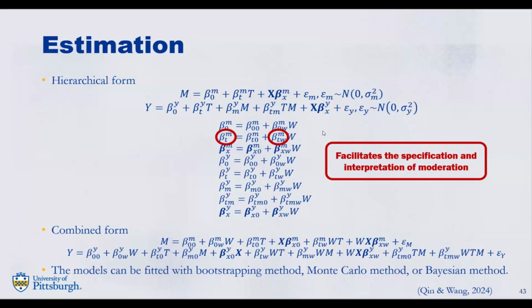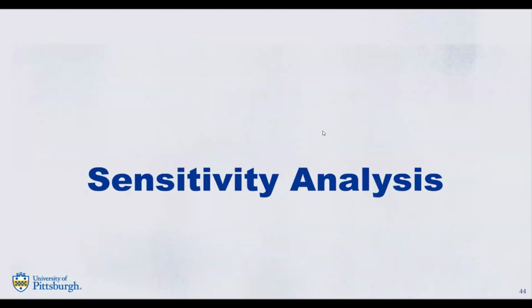It's incorrect to omit them from the mediator and outcome models. Additionally, it's extremely important to conduct a sensitivity analysis in your analysis. So I want to step on to the next section, sensitivity analysis. Any questions about the earlier discussions on the mediation and moderated mediation analysis under the potential outcomes causal framework?